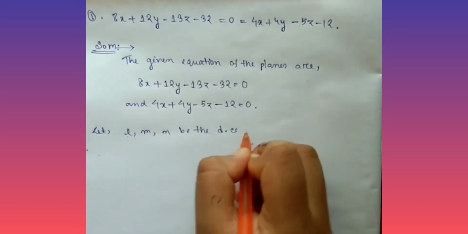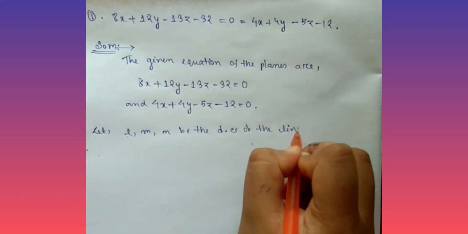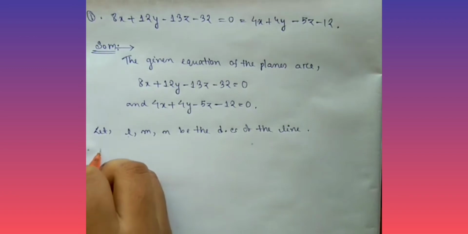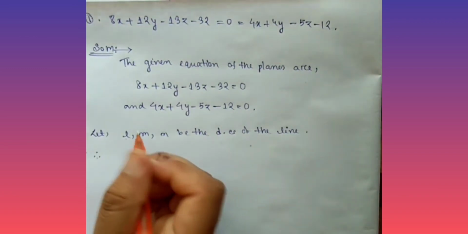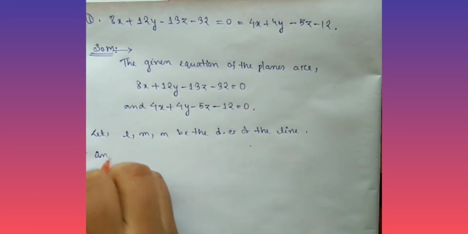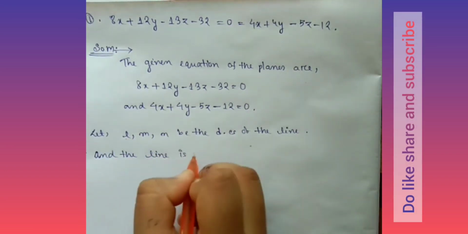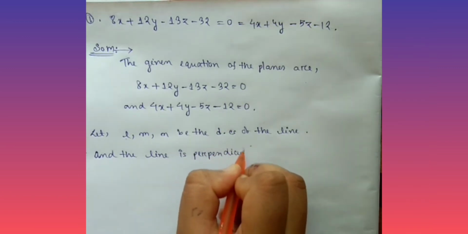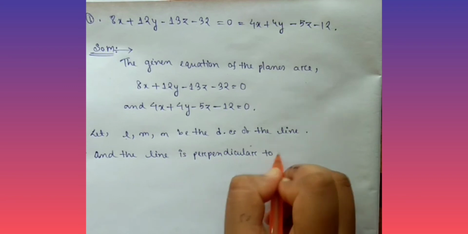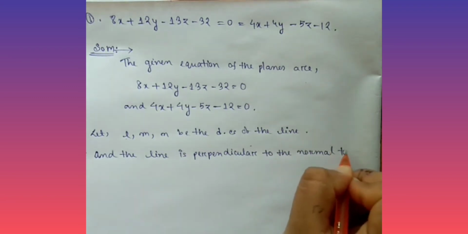First of all, the given equations of the planes are 8x plus 12y minus 13z minus 32 equals 0 and 4x plus 4y minus 5z minus 12 equals 0. Similarly, we consider L, M, N to be the direction ratios of the line, and clearly the line lies on both the planes. Therefore, the line is perpendicular to the normals to the planes.